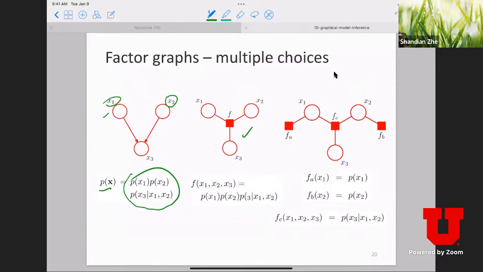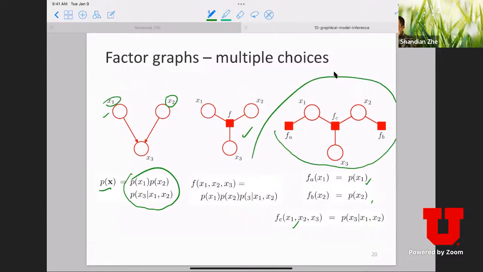However, if you want a more refined definition of factors, we can define fa as the marginal probability of x1, fb as the marginal probability of x2, and fc as the conditional probability of x3 given x1 and x2. Then this is your factor graph.